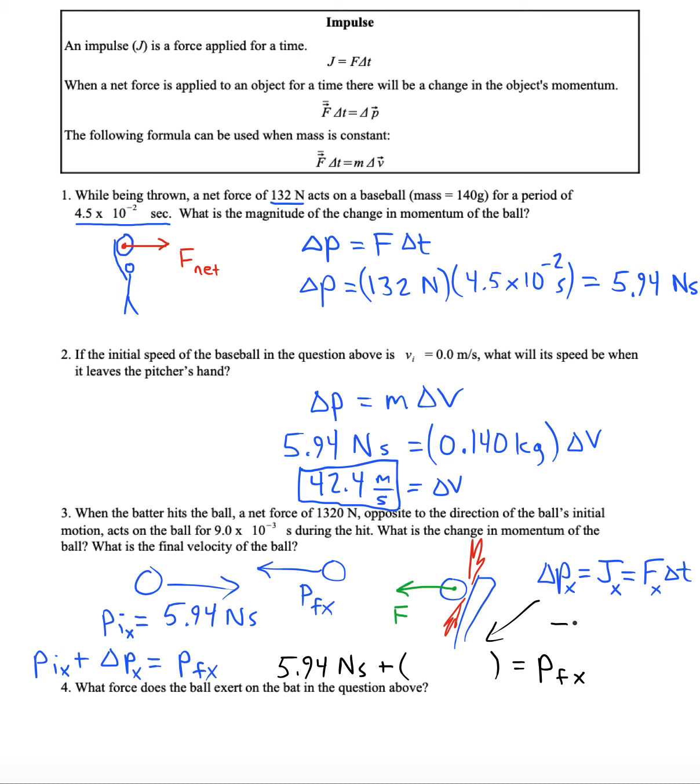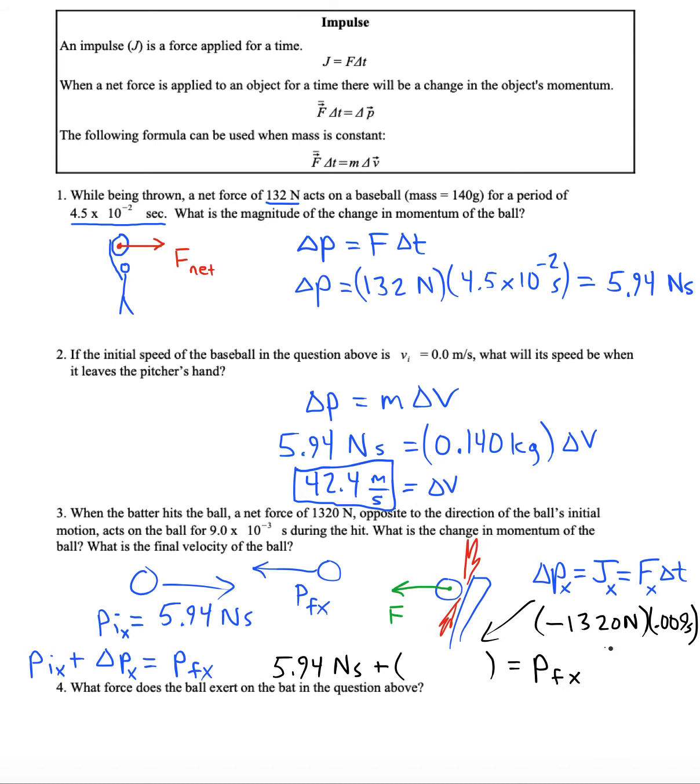The force will be negative 1320 newtons, and the time 0.009 seconds. I get negative 11.9 for that. All right, so we're going to want to put that in here.